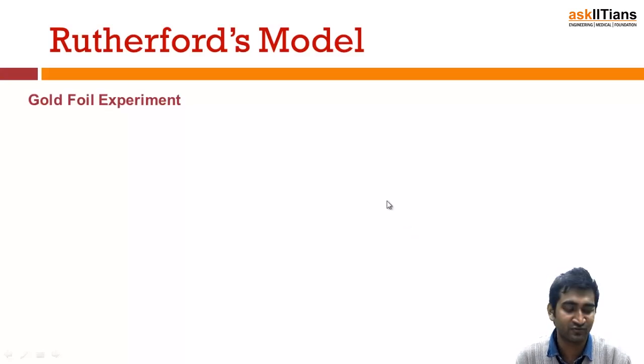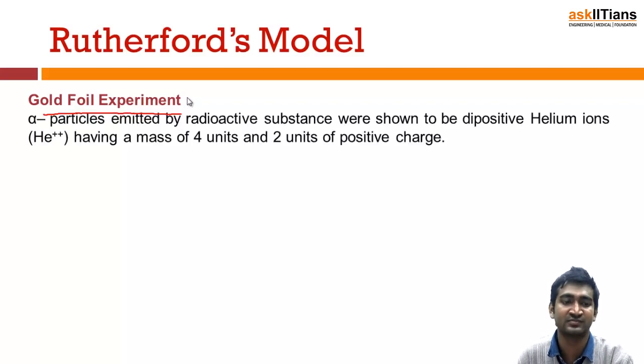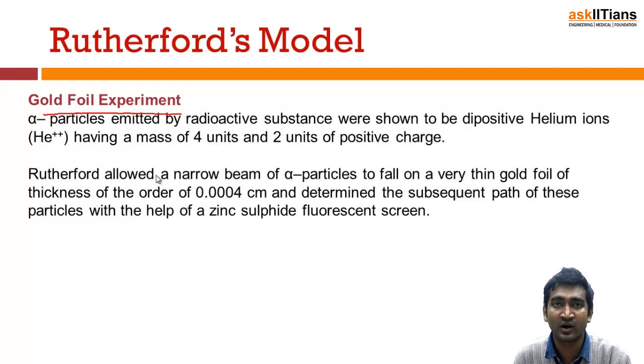He is very famous for the gold foil experiment, in which he used alpha particles emitted by a radioactive substance. What is an alpha particle? It is a He2+ ion.